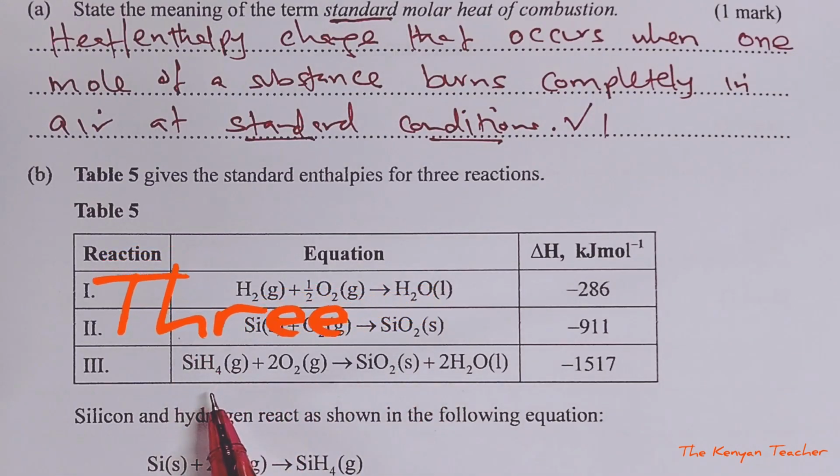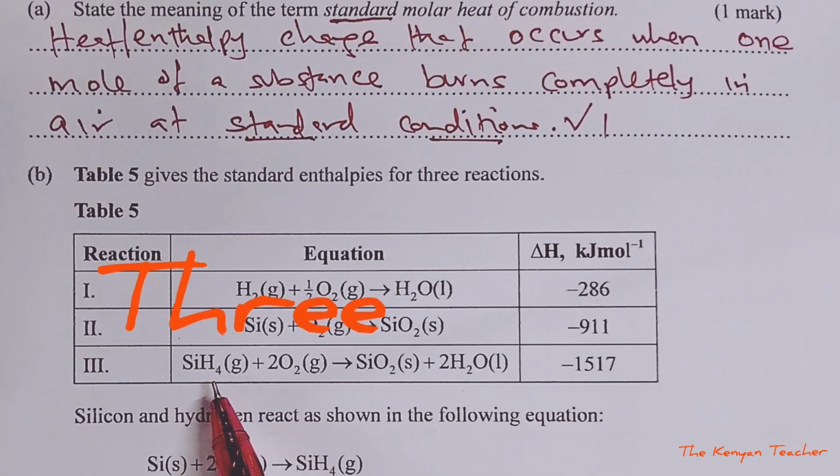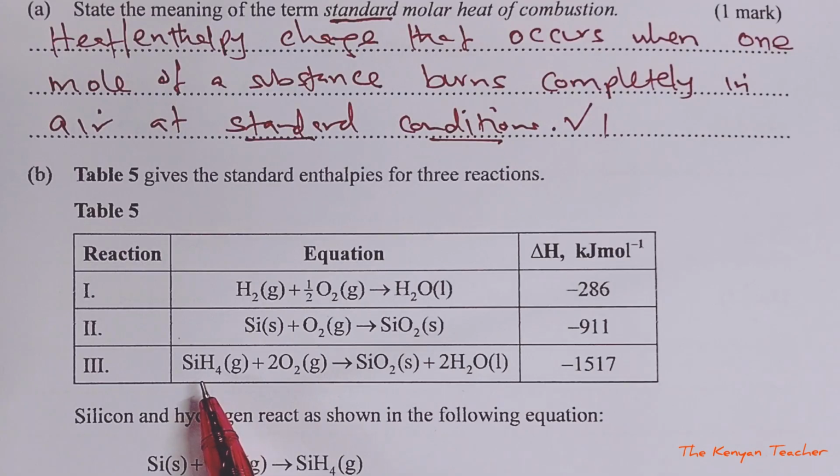Reaction 3 involves burning, of course, completely 1 mole of silicon 4 hydride in excess oxygen, and we get silicon 4 oxide and, of course, water. So this reaction 3 can only qualify for the molar heat of combustion of silicon 4 hydride.